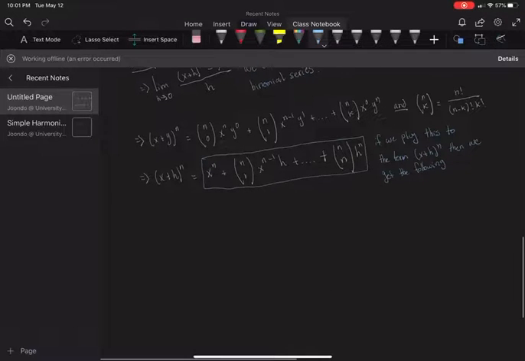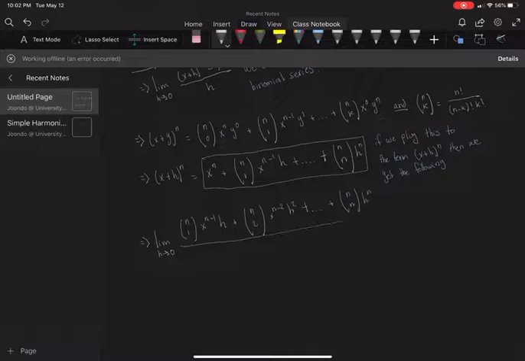We get the limit as h tends to 0 of n choose 1 x to the n minus 1 h plus n choose 2 x to the n minus 2 h squared, and so on, all the way up to n choose n h to the n, all over h.